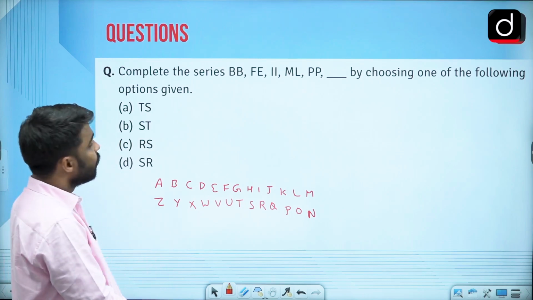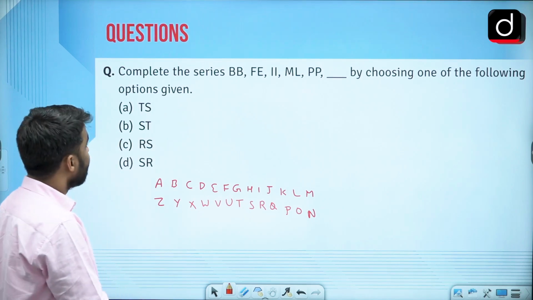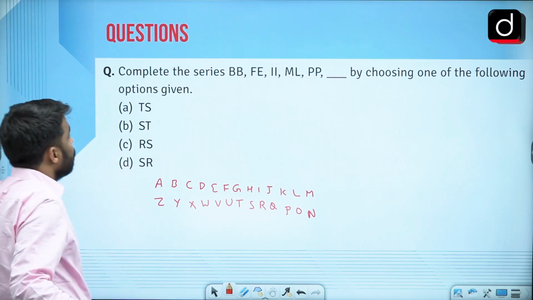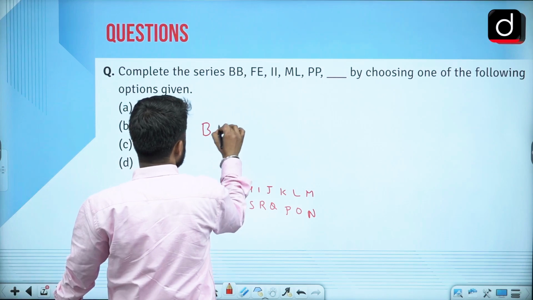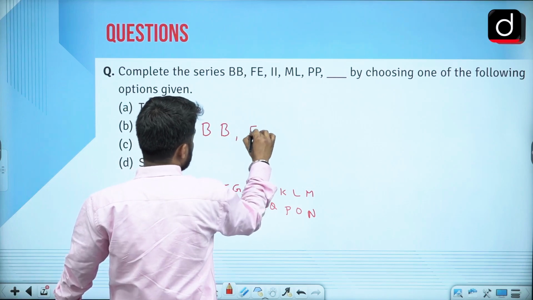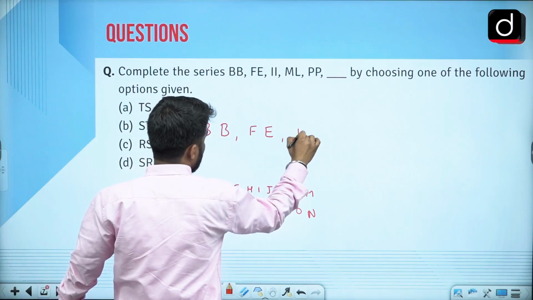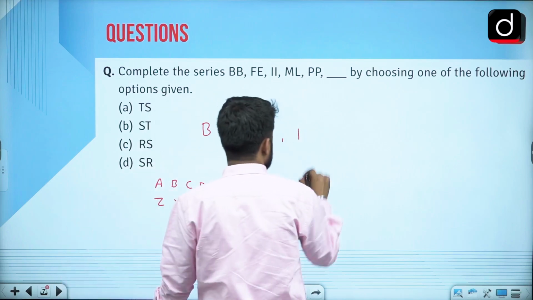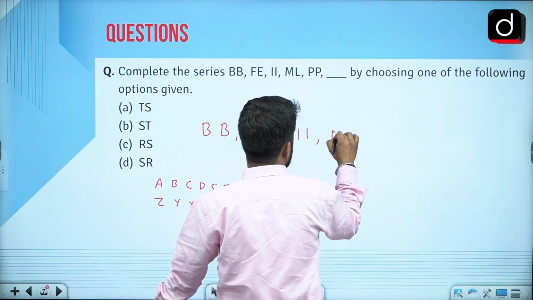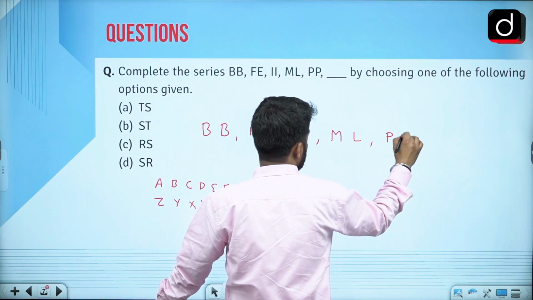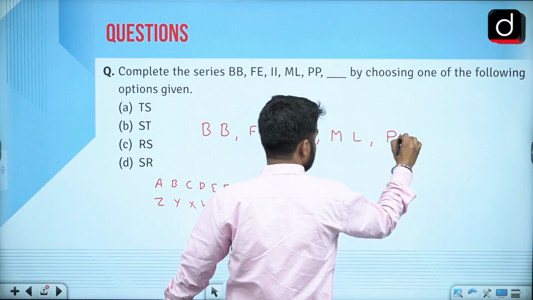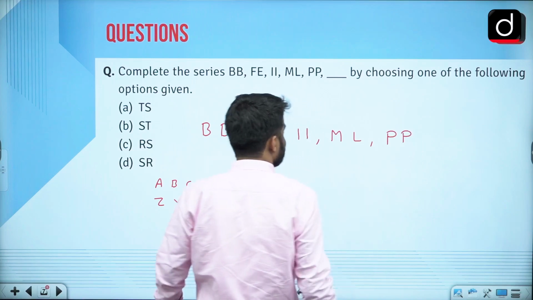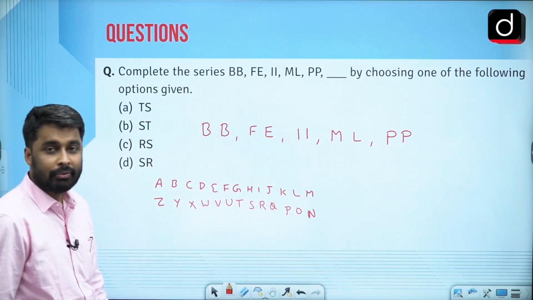I guess by now you must have completed this. So now if I see this series, it was B, B, then F, E, then I and I, then M and L, then P and P. And now I have to find the next term.